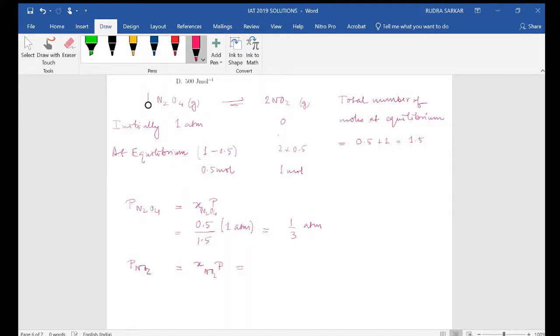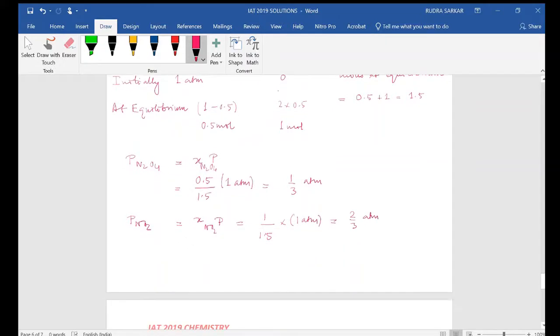So this will be what? 1 by 1.5 into 1 atm, and that will be what? Basically 10 by 15, that means it is going to be 2 by 3 atm.